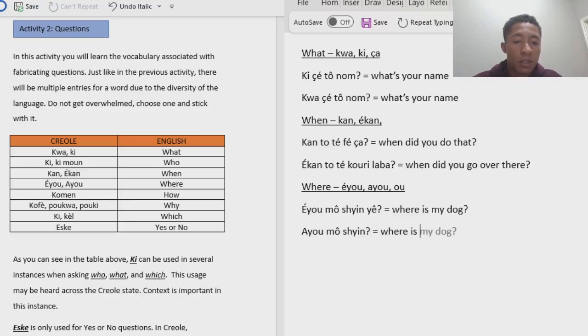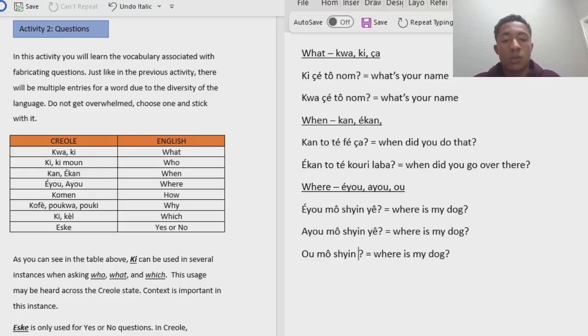Where is my dog? Or even, où mon chien? Where is my dog? Ayou mon chien yé? Ayou mon chien? Or you can put the yé at the end. Ayou mon chien yé? Or où mon chien yé?